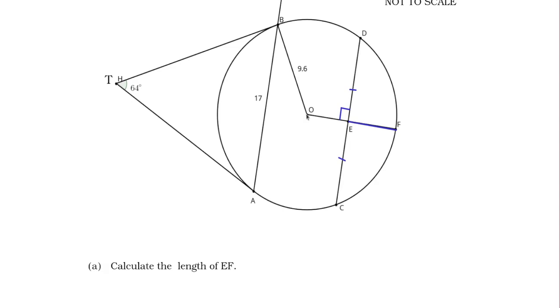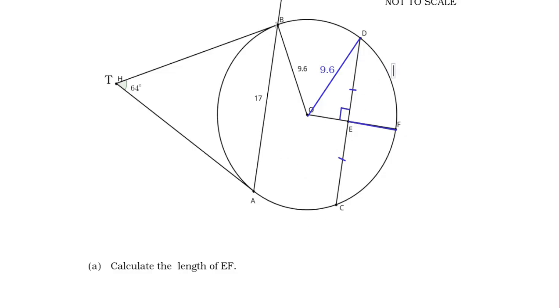If we can know the length of OE, then it's going to be easy for us to calculate the length of EF by taking OE away from the radius of the circle. Now if this is 90 degrees, we can join this one here to say that's the radius, and the radius of the circle we know is 9.6.